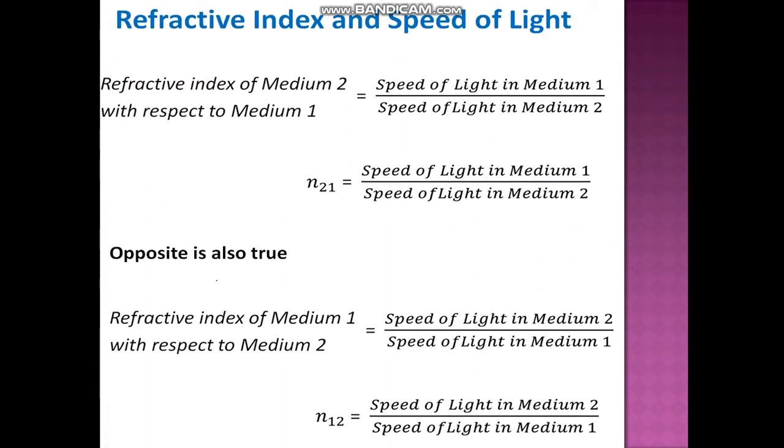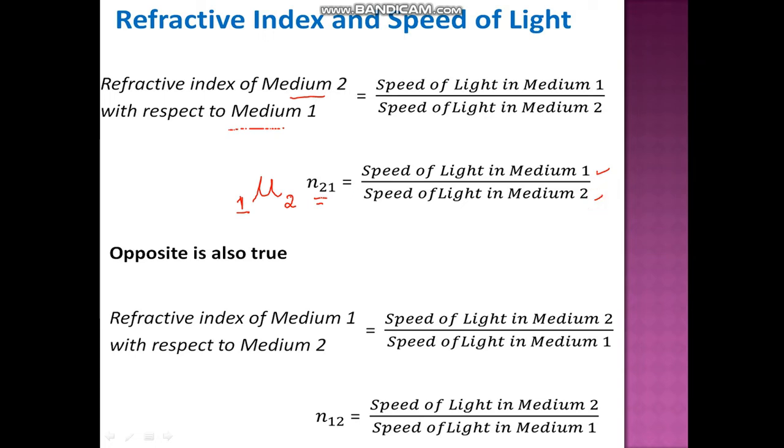Now we have the refractive index of medium 2 with respect to medium 1 equal to speed of light in medium 1 upon speed of light in medium 2. Here the symbol N is used. We can also write it as mu, and since light is traveling from medium 1, we can write 1 and 2. So 1 mu 2 is equal to speed of light in medium 1 upon speed of light in medium 2.